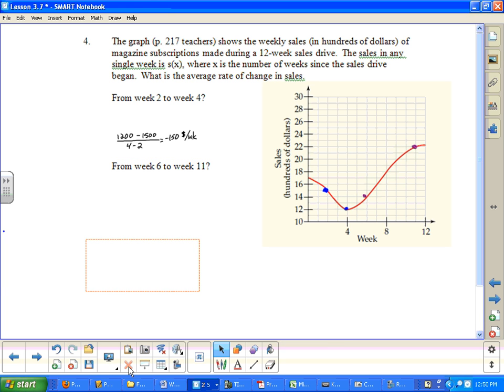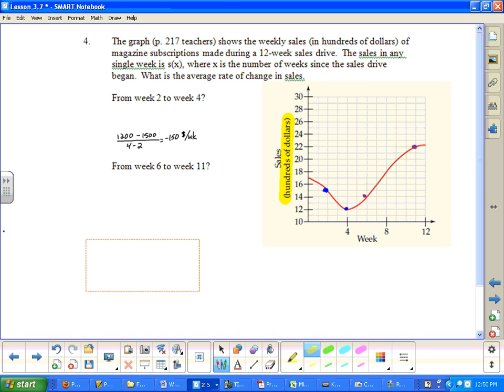And divide 4 minus 2. Except this is in, oops, I don't want that one, hundreds of dollars. So you need to make sure you involve hundreds there. So from week 2 to week 4, they're losing $150 a week because their sales went down.